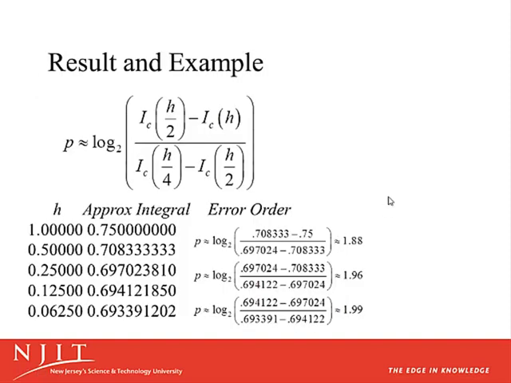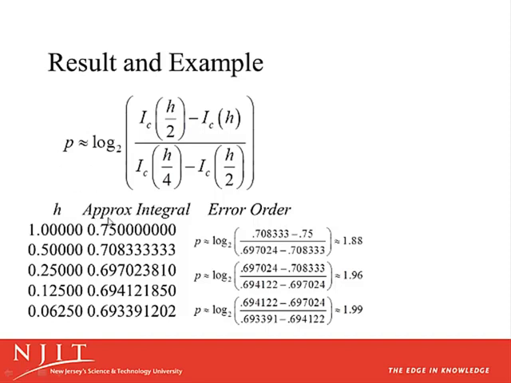We work it through, and we can find that p, recall our error term is something like C h to the p, is log base 2 of the computation using grid size h over 2 minus the coarsest grid size, divided by the finest grid size minus the h over 2 grid size. So here, if we've computed 3 values of the integral, we can approximate the value of p.